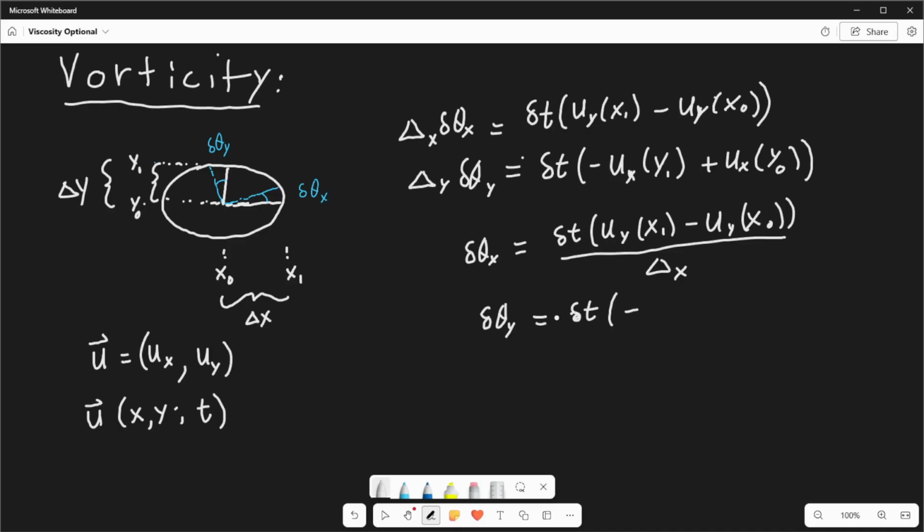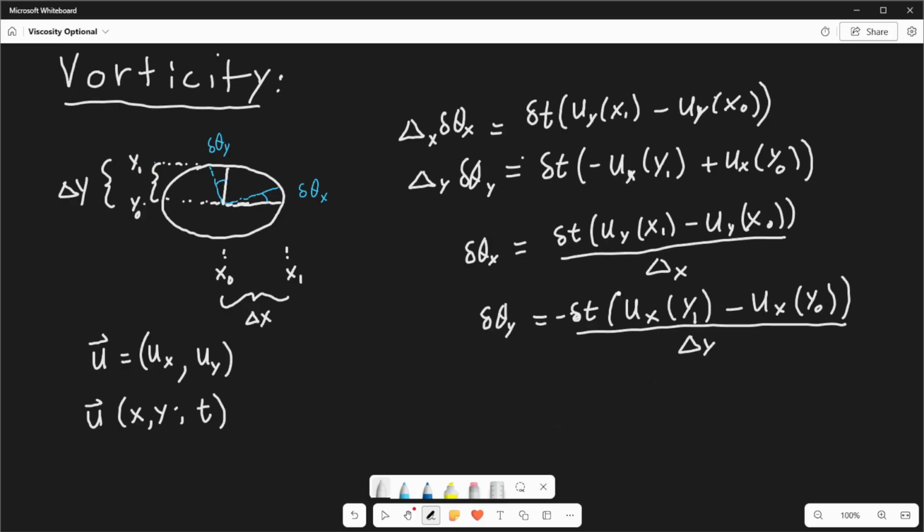I think I'll actually put the negative out in front here and do the ux at y1 minus ux at y0, and divided by delta y. Okay.